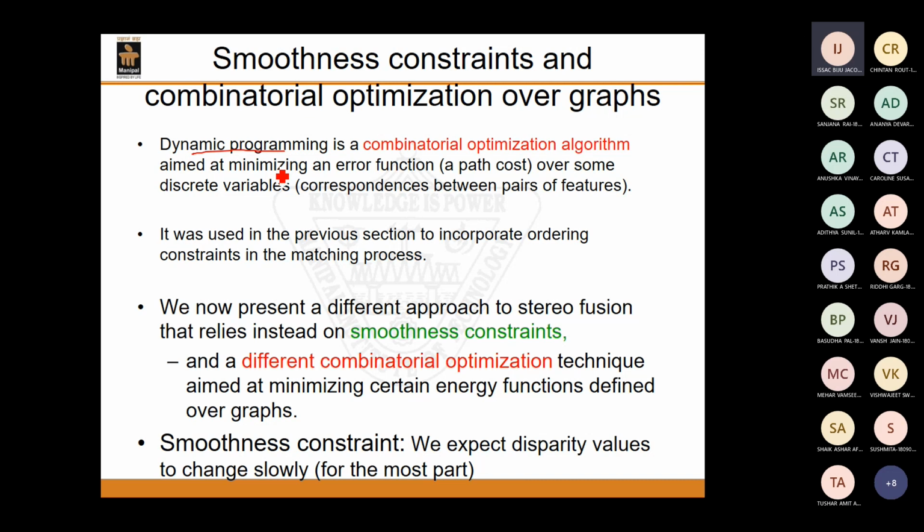So dynamic programming was a way by which you can detect and remove the occluded cases, and it is basically an optimization algorithm. What we saw is that we write what the different observations or points observed in the left plane and the right plane are, and accordingly we create a grid.